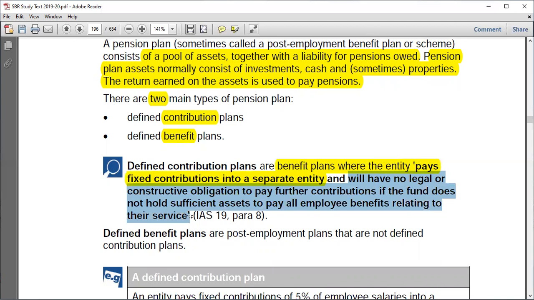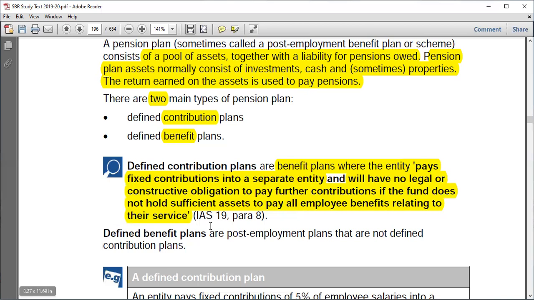I hope you got this. I'm repeating again. By contributing, you will be piling up the plan assets, and then you will in turn be incurring plan liabilities, which are expected to be received by the employees. So if you contribute and employees cannot be compensated enough, you will have no obligation as an entity.